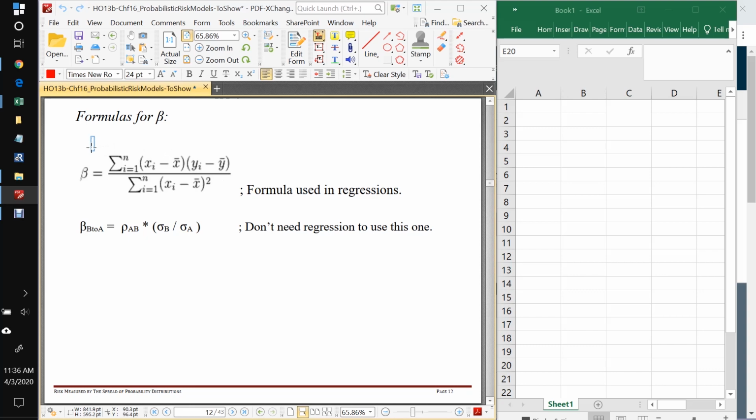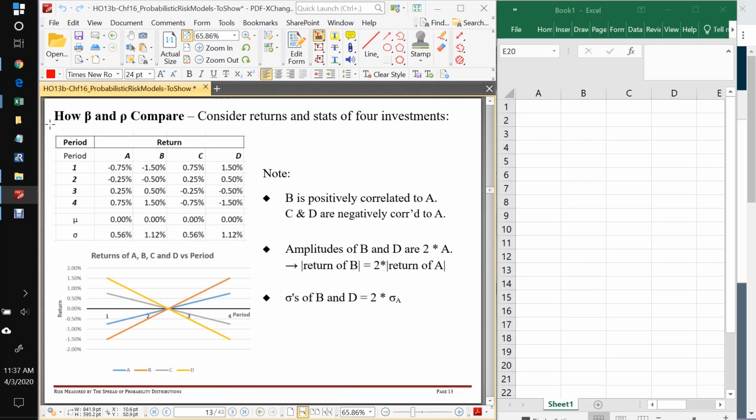So you don't need to know this one, but you should know, here's another formula for beta that's very simple, and all we need to compute beta of asset B to A is its correlation coefficient and the standard deviation of the returns of B divided by the standard deviation of returns of A. So you should know this one, because this is a simple formula. If I give you a correlation coefficient and two standard deviations, I will expect you to be able to compute the beta.